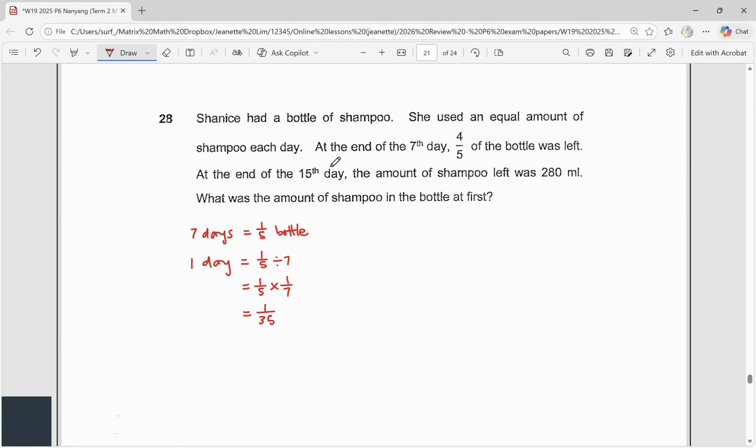Now, we know that at the end of 15th day, if every day is 1/35, 15 days would have passed. How much of the bottle would be used? So we times 15, which is 15/35. Simplify, this would be 3/7.